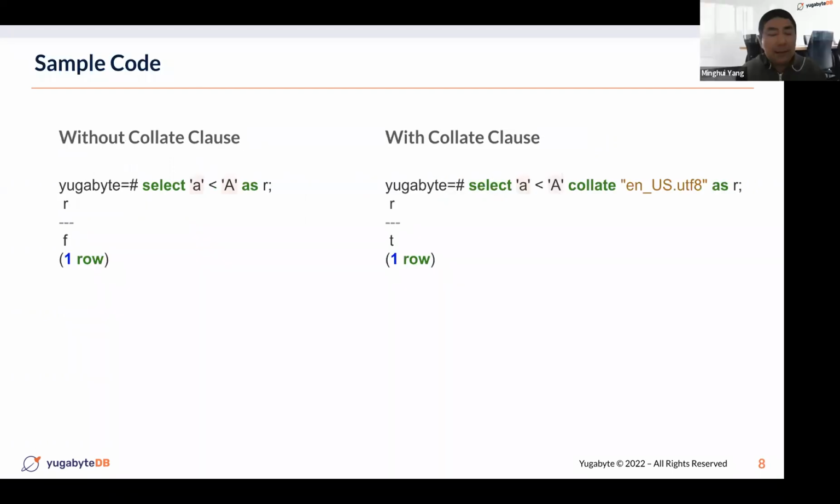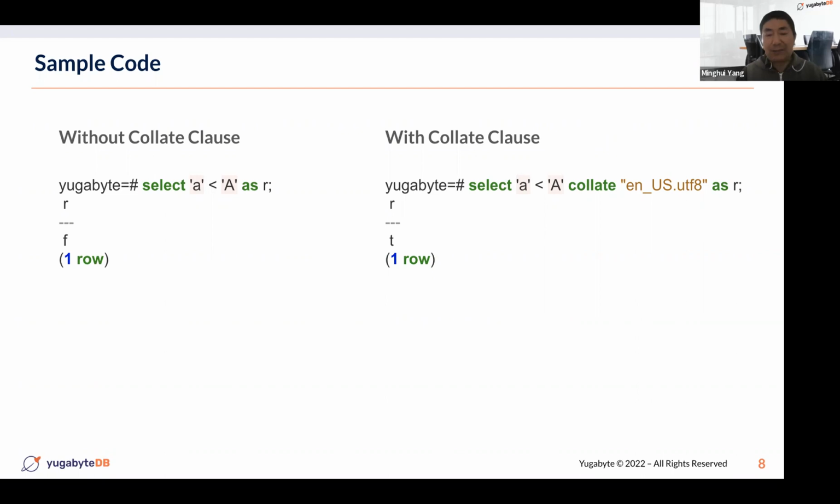And here is a simple example, to see exactly how collation can affect the sort order. It's a simple comparison between lowercase a and uppercase A. In the left example, we don't have an explicit collation clause, but in fact there is an implicit collation called the default collation.